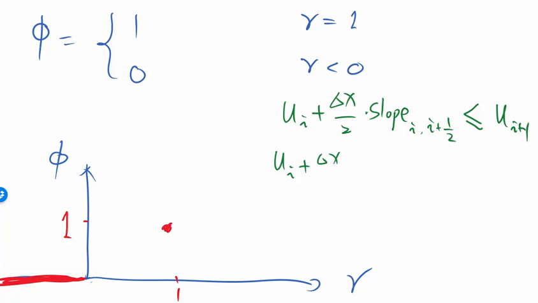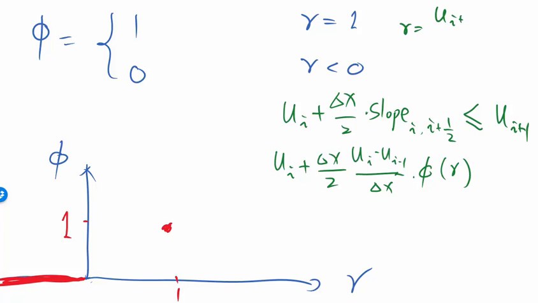Which means if I plug the formula of the slope into the definition, remember the slope is equal to ui minus 1 over delta x times phi of r, where let me define r as ui plus 1 minus ui divided by ui minus ui minus 1. That has to be less or equal to ui plus 1.